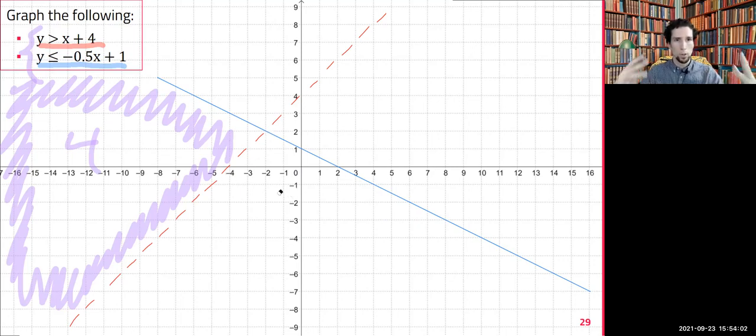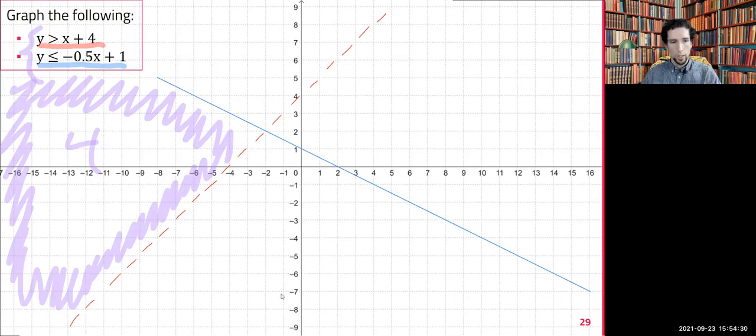So that's how to graph inequalities independently, and then how we can combine multiple inequalities to make a solution area on our graph that represents the solution to both inequalities at the same time, not just one of them.